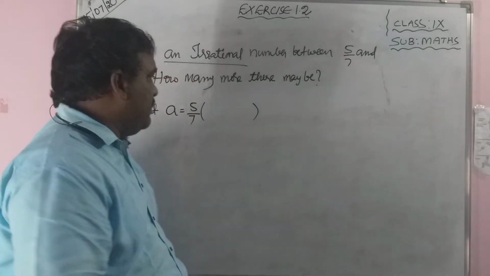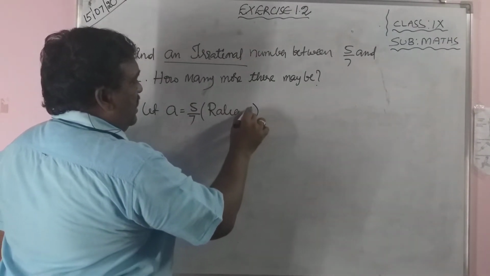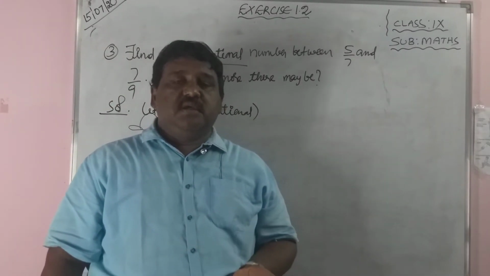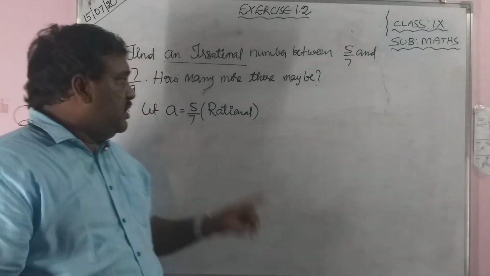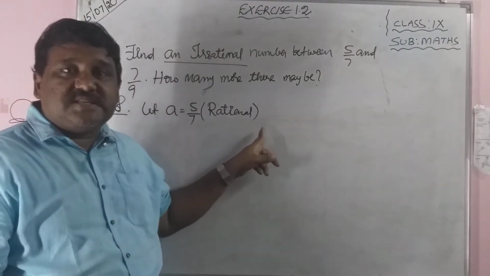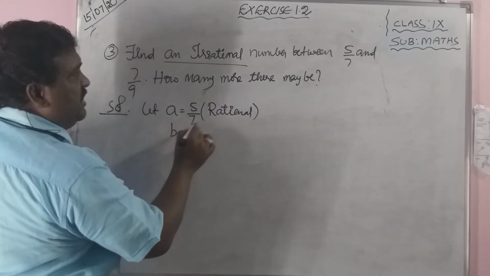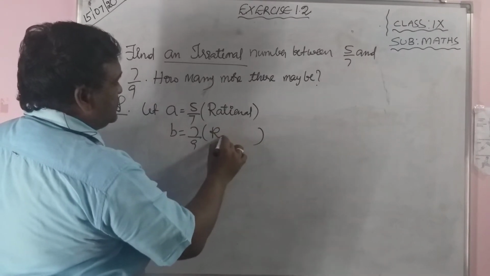It is a rational number. Divide 5 by 7 for clarification. So 5 by 7 is a rational number. Let b equal 7 by 9. It is also a rational number.